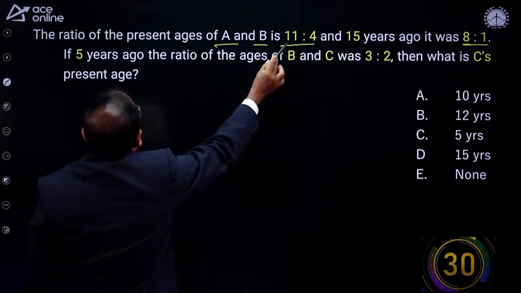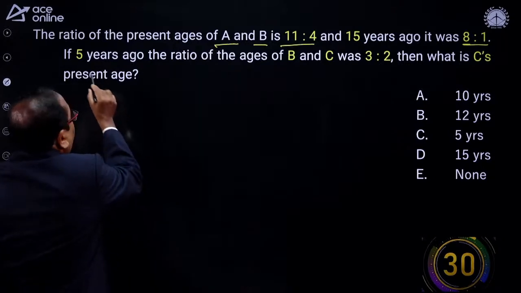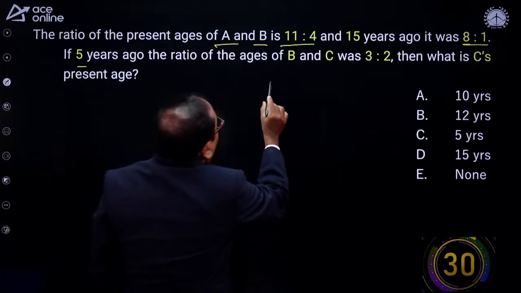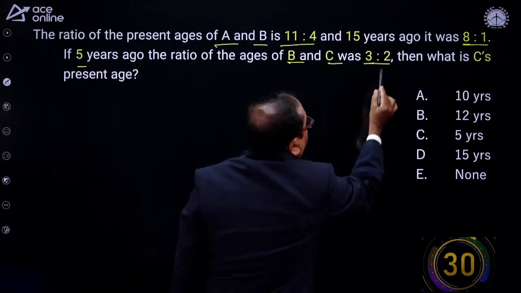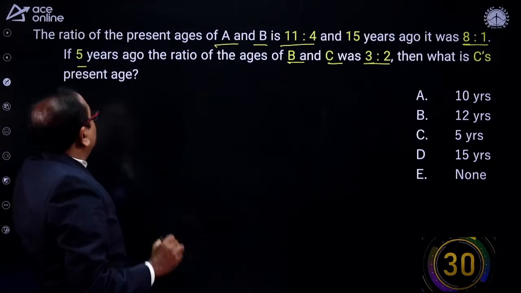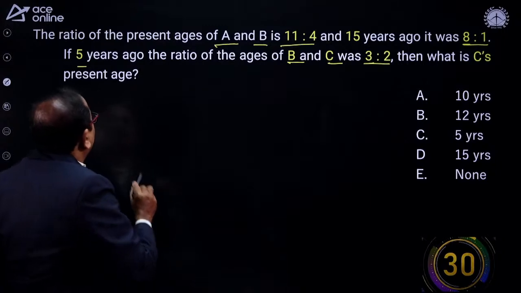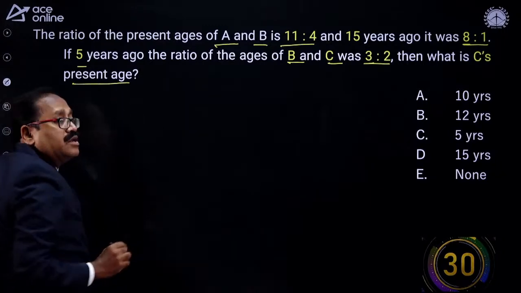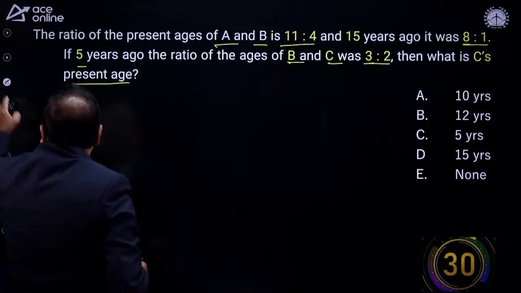So this is present and that is 15 years ago. The next one: if 5 years ago, the ratio of the age of B and C was 3:2, then what is the present age of C?